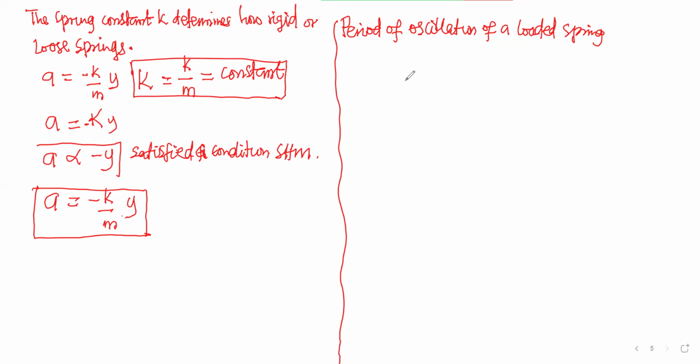Comparing, A is equal to negative K over M Y, and A is equal to minus omega squared Y, the general acceleration equation of a body executing simple harmonic motion. And you could deduce that omega squared is equal to K over M.